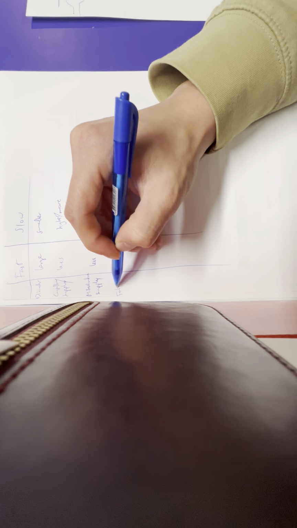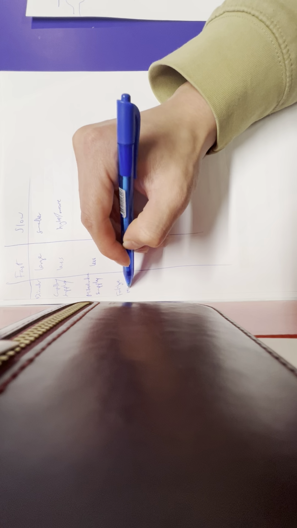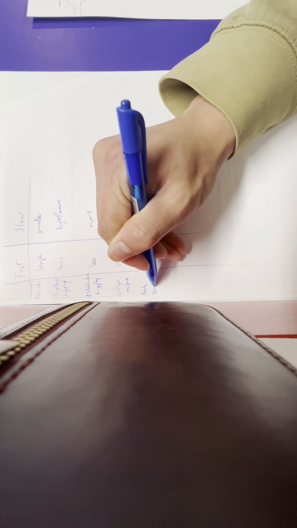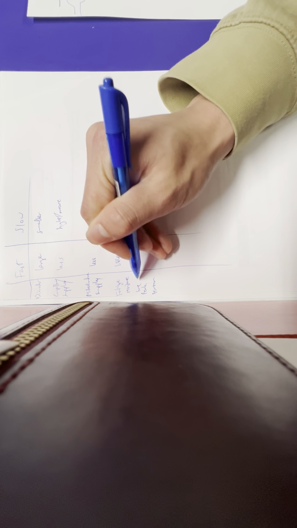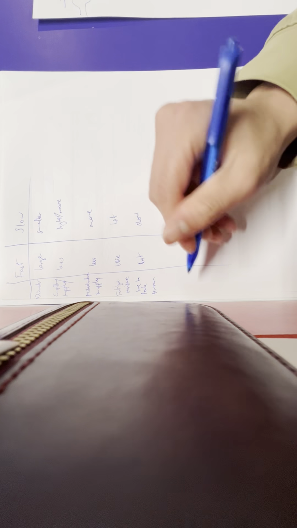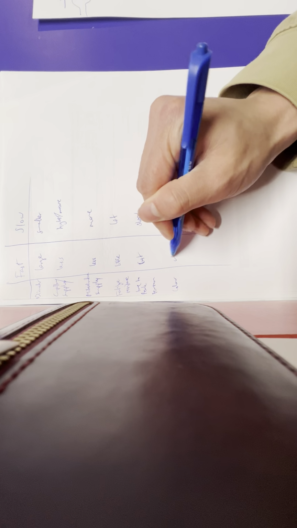Fatigue resistance. This guy is little. This guy's a lot. Time to peak tension. Fast, slow. That's why these are called fast twitch and slow twitch. And color, these guys are white and these guys are red, basically.